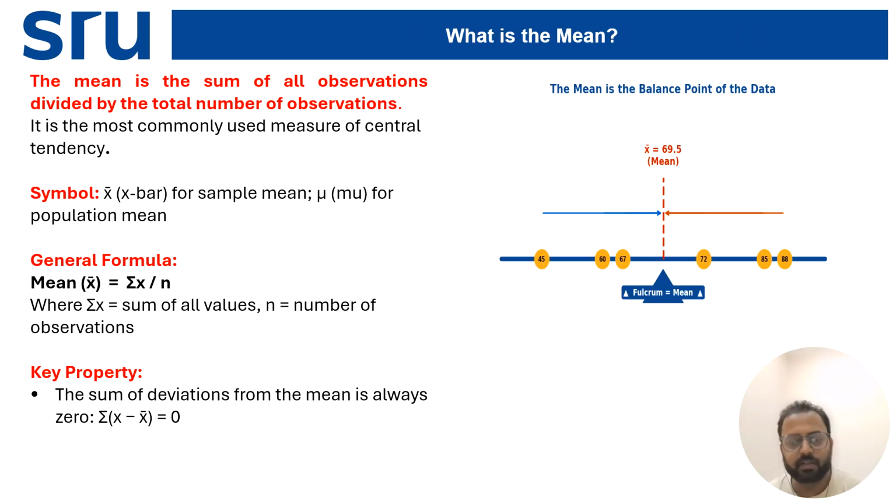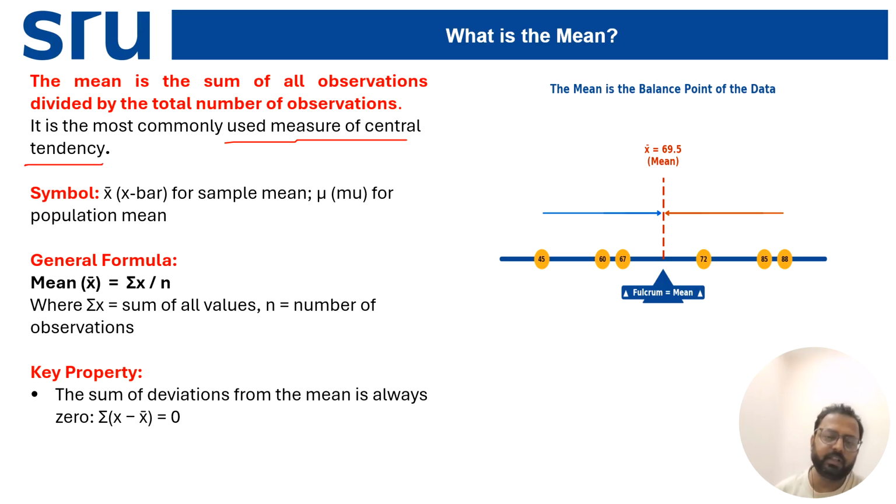So what is mean? Let us understand mean. The mean is the sum of all observations divided by total number of observations. It is the most commonly used measure of central tendency.